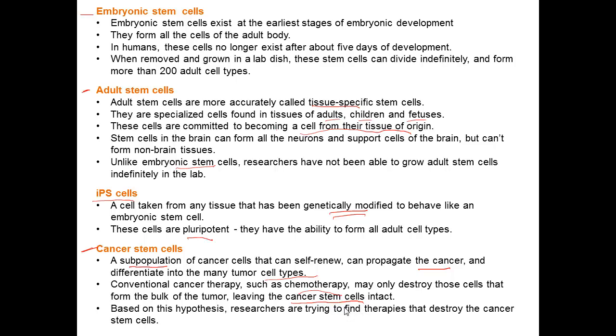And that's why cancers come back, because these stem cells eventually will repopulate the tumor. So there is a lot of research right now where people are trying to find drugs that specifically destroy cancer stem cells, and that's certainly a very promising area right now. We'll, however, focus on the other three types.